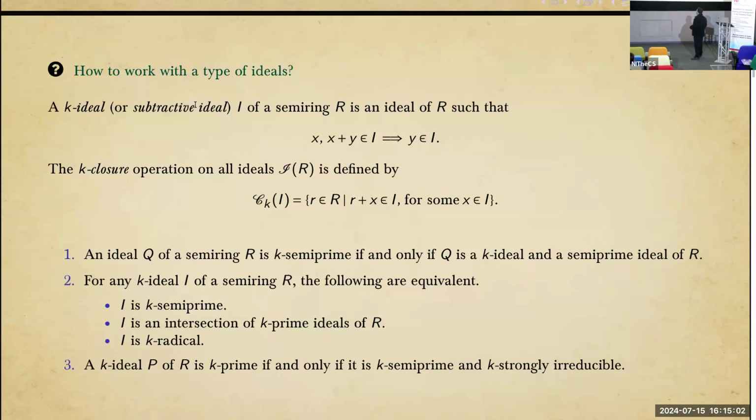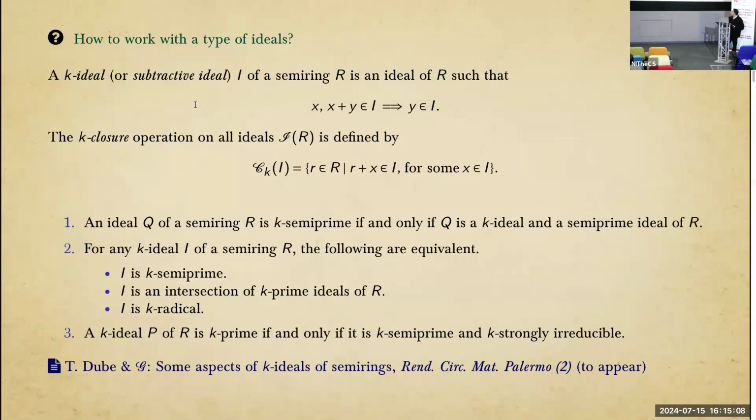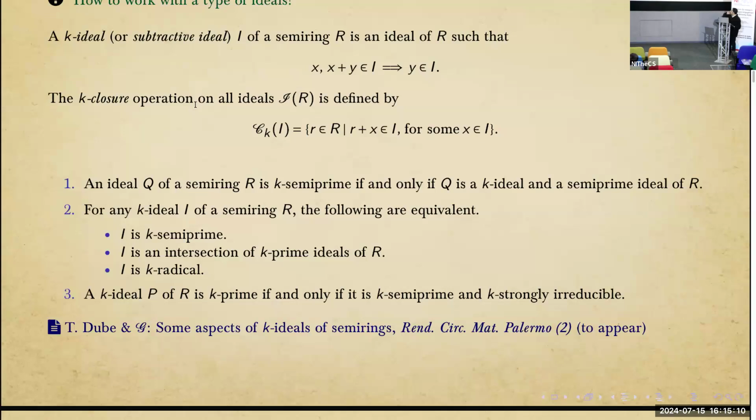Okay. So with this one, we captured all these results and many more in this paper with Themba. This is actually a second study. The first one was done in 2019 by three people on these K ideals.